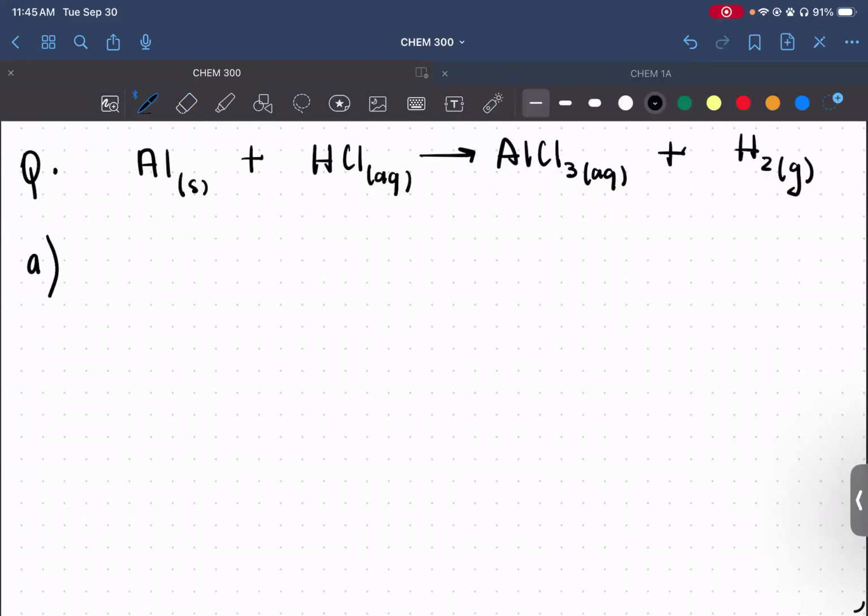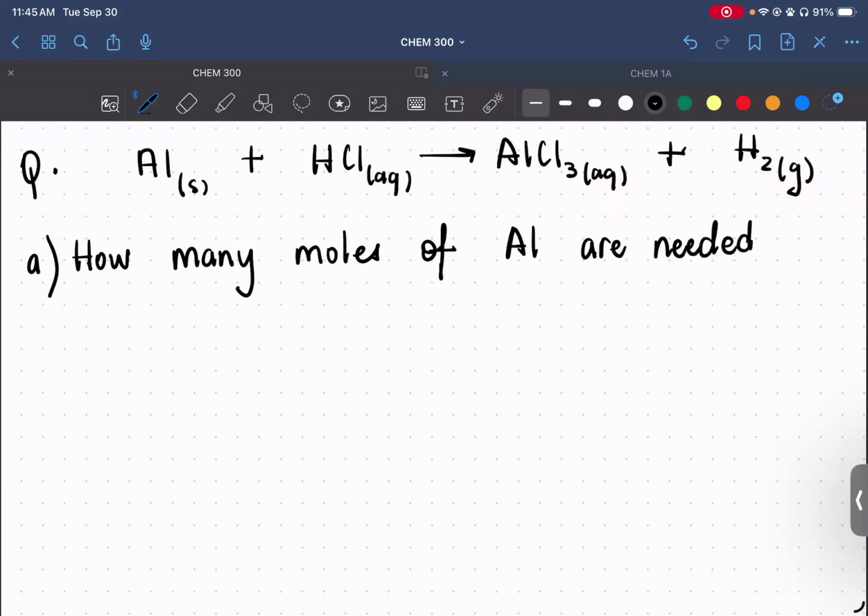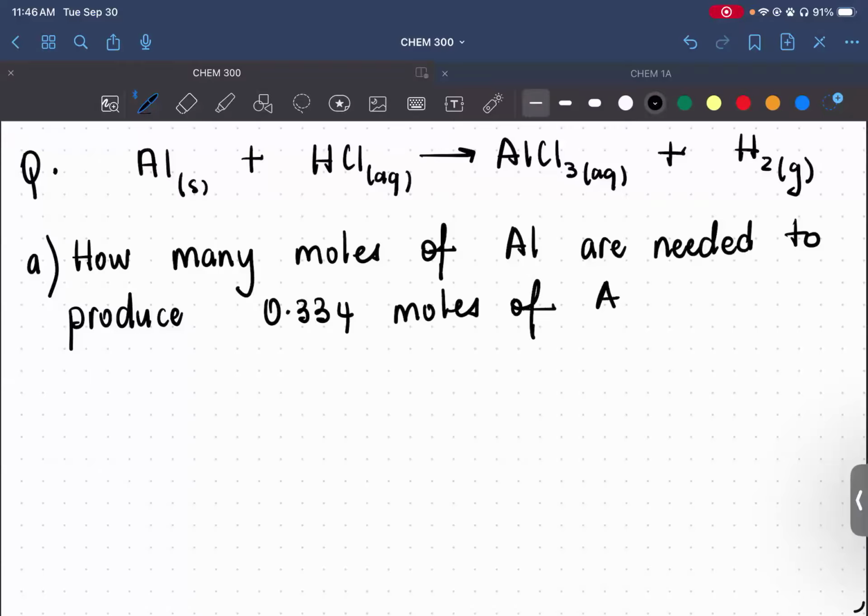Question A says, how many moles of aluminum are needed to produce 0.334 moles of AlCl3? Okay.